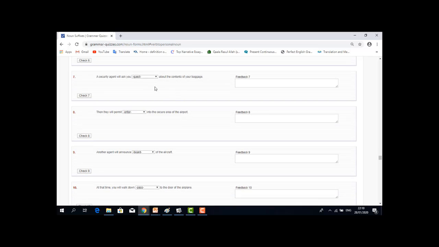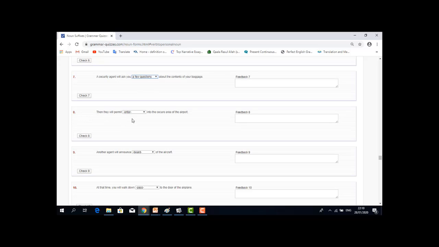Left only 4 questions. We need the noun from the verb quest. A security agent will ask you a few questions, a few quests, or a few questations. Of course, it is well known and it is a few questions. So remember the verb from question, it's quest, the same as ask.